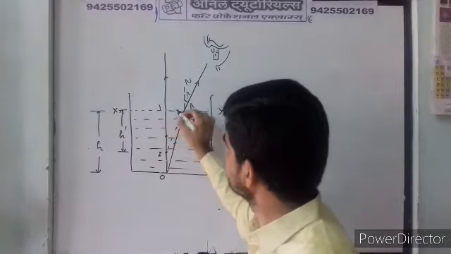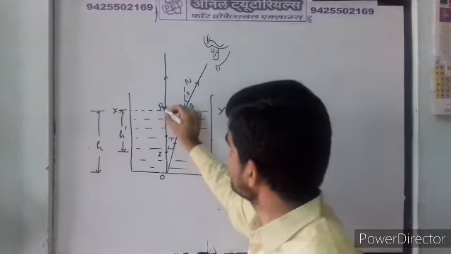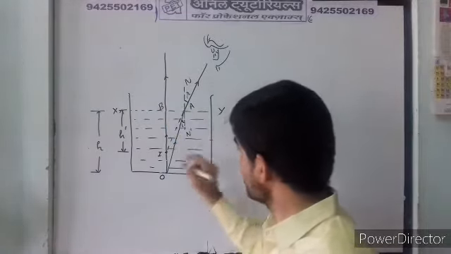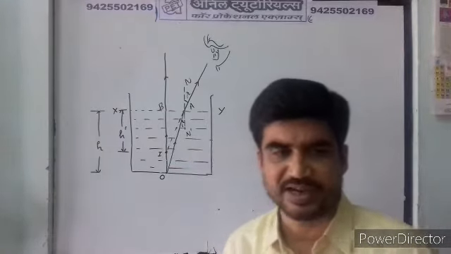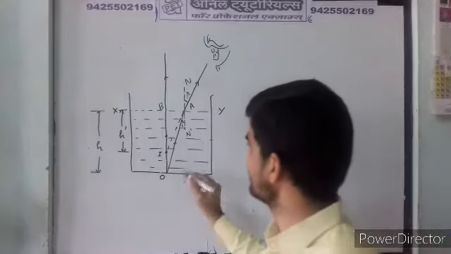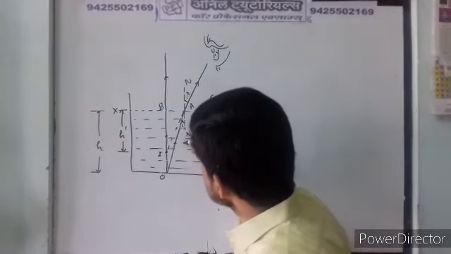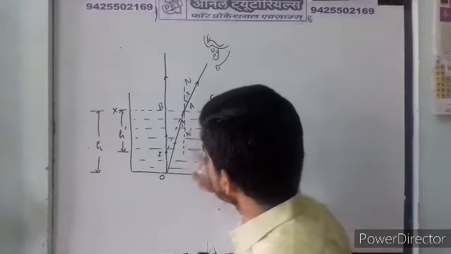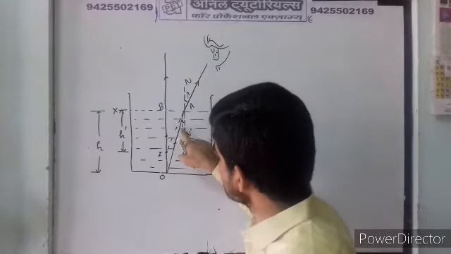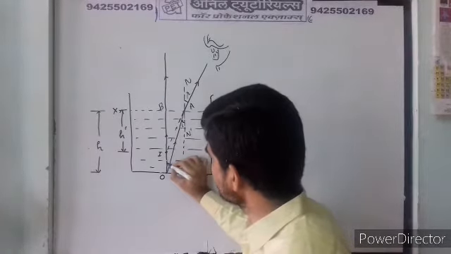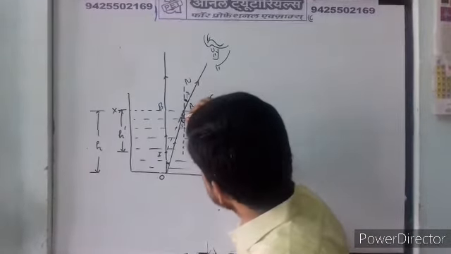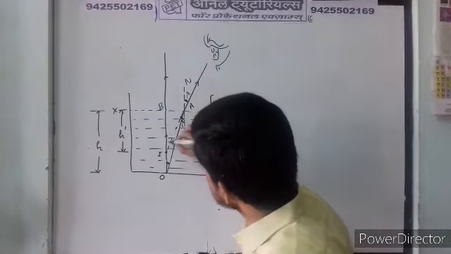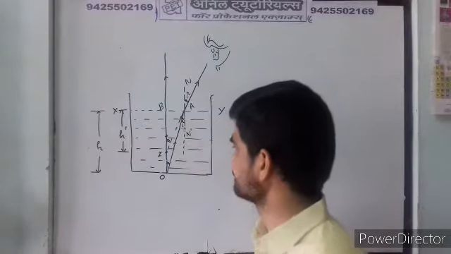Suppose this is B. So IAB and OAB are two very small triangles, meaning their angles are very small. According to a geometrical theorem, this angle is i, this angle will also be i, and this angle is r, so this total angle will also be r.